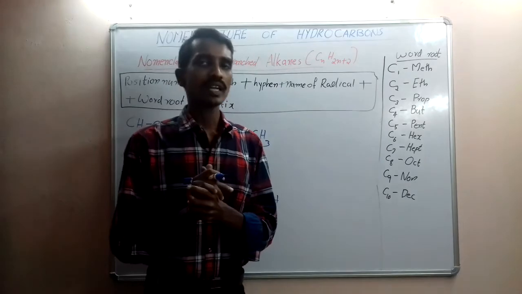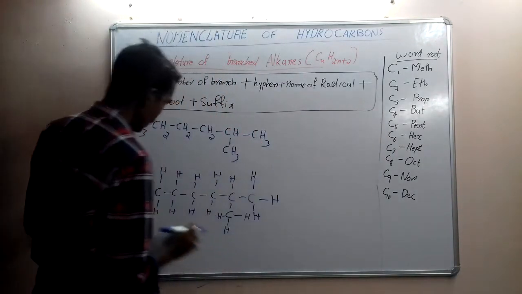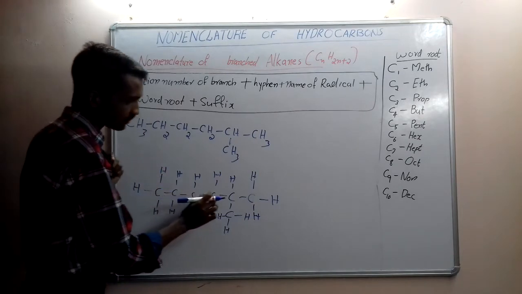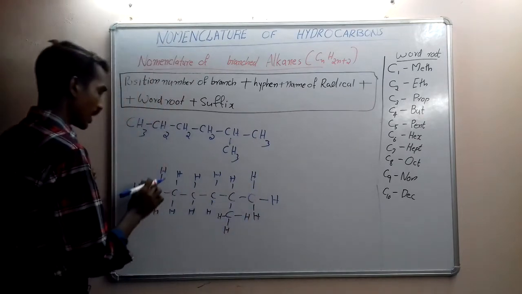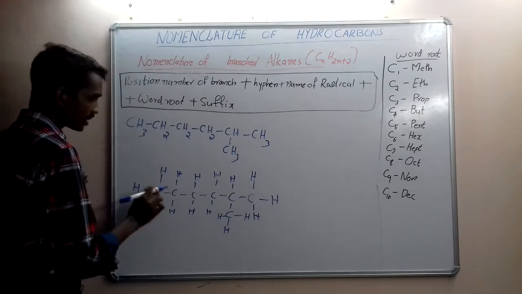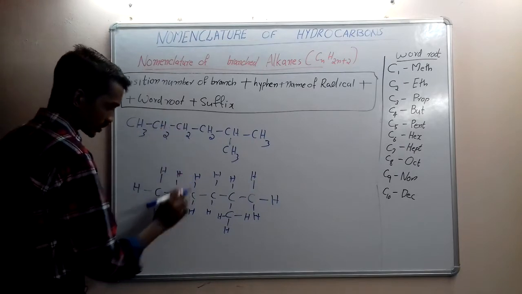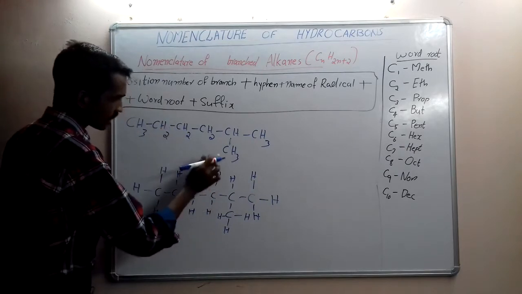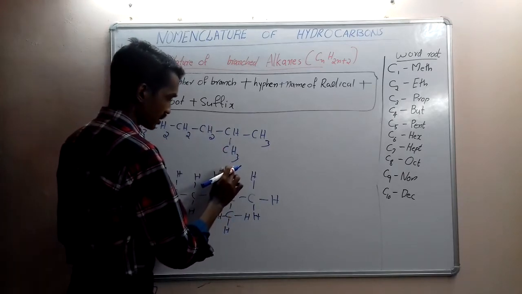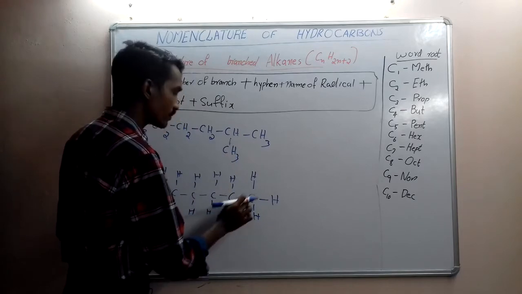Okay, so let us have an example. Here a structural formula is there. Here 6 carbon atoms, 1, 2, 3, 4, 5, 6, and 3 hydrogens are there, so CH3, and 2 hydrogens, CH2, 2 hydrogens, CH2, 2 hydrogens, CH2, and CH3.